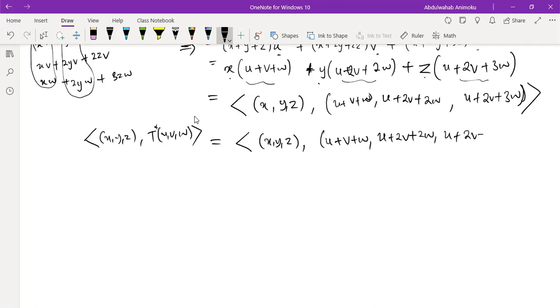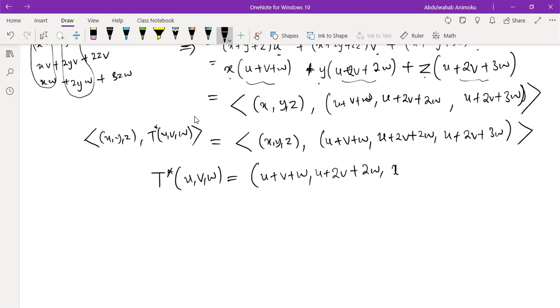So 2v plus 3w, right? So if you compare, you can just see that T star, which is the adjoint transformation, is just this. Right? So T star is the transformation from R cube to R cube such that T star is given by this. So this is the adjoint transformation.